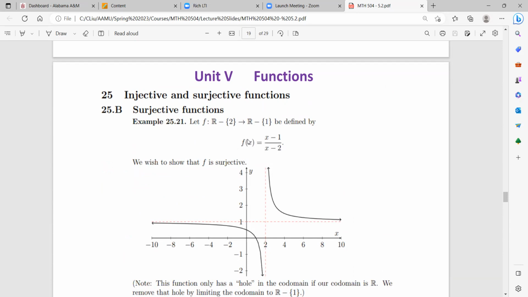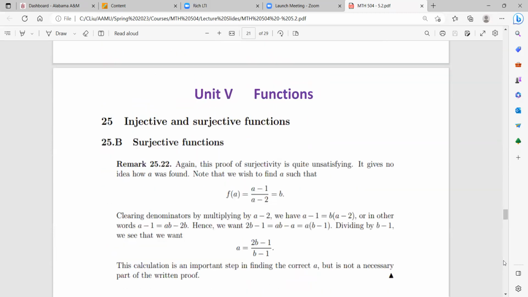So that's the f of x or f of a. And you want this f of a equal to b. You want to find such a, so that f equal to b. So, and then you just set the a minus 1 over a minus 2 equal to b and solve for a. Okay, so that's easy to solve, as we know.